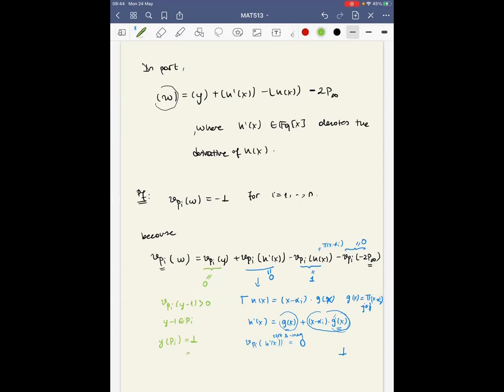That means P_i is not a zero or pole of this function y, so it behaves like a constant. The valuation of this function at P_i is going to be 0. And that shows us this Weil differential has poles at P_i of order 1.